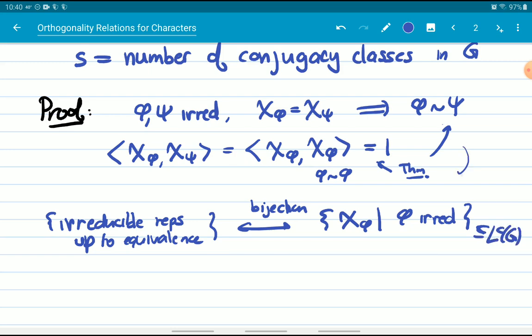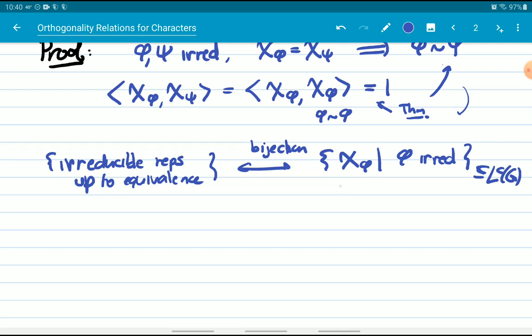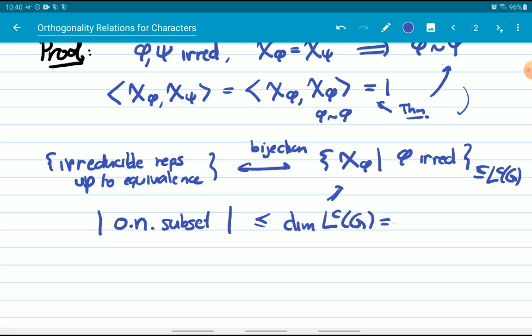That's exactly by this fact I just proved. But we know from the theorem that this set is an orthonormal subset. And the size of any orthonormal subset is less than or equal to the dimension of the vector space, which in this case, as we saw, is equal to the number of conjugacy classes in G. So there's our bound.